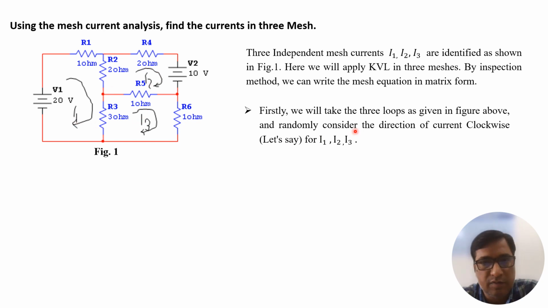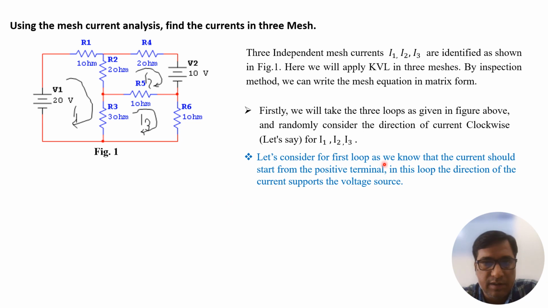We'll consider the three different mesh currents I1, I2, I3 in clockwise direction. We'll take the direction of current arbitrarily. We have considered clockwise. You can take anti-clockwise also, but here we have considered each mesh current in the same direction, that is clockwise.